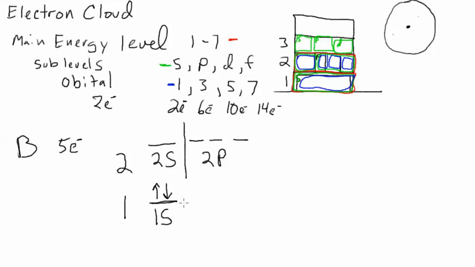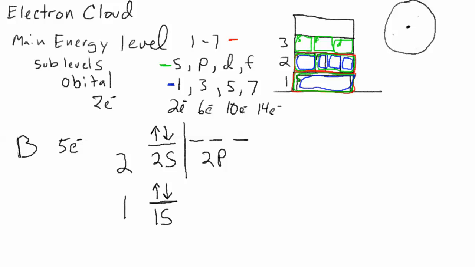And just to make sure we don't get confused, I'm going to draw a horizontal line between the 2 of those. Okay, so in the 1s sublevel, in the one orbital that's in that 1s sublevel, there's 2 electrons. And at main energy level 2, in the 2s sublevel, in the single orbital in the 2s sublevel, there can be, again, 2 electrons. So that gets us up to 4 electrons.